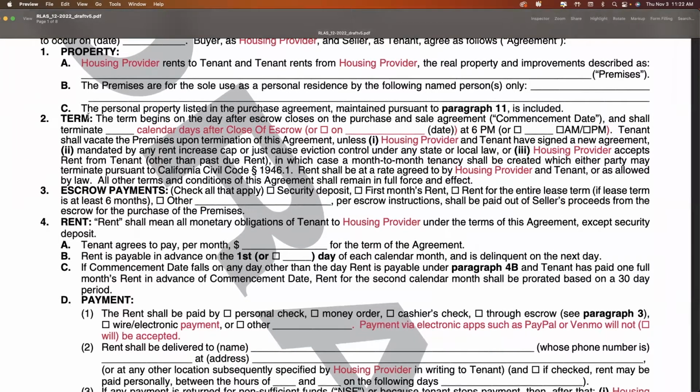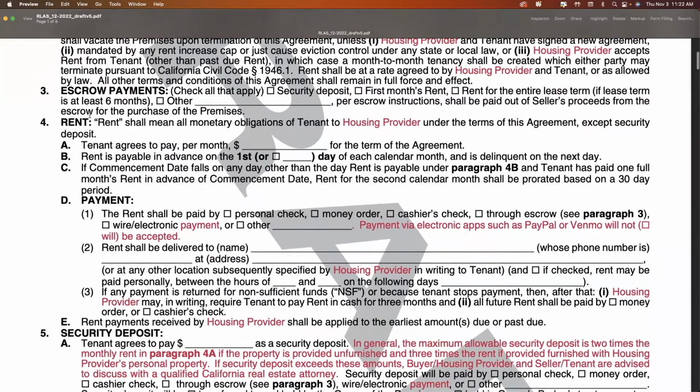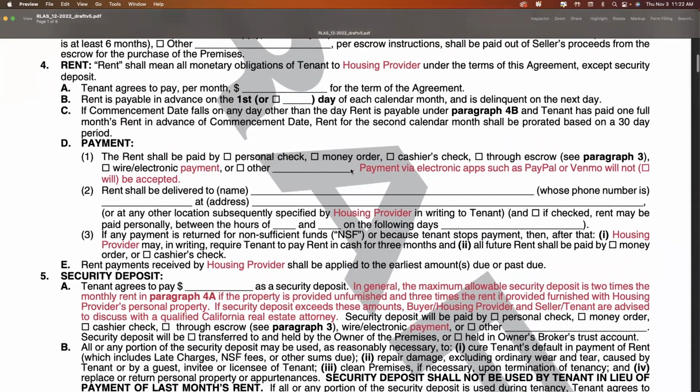They've changed it now so that the lease is terminated on a certain amount of calendar days after close of escrow, or on a specific date. They have that there. They also added that you can have payments by PayPal or Venmo, will or will not be accepted.